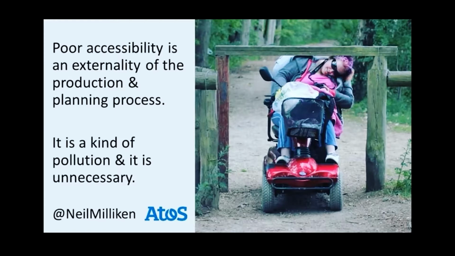Neil Milliken's also on Twitter. And the picture beside his quote is a woman on an exterior trail through the woods trying to get through a gate that was not designed to fit her scooter. And so she's bending her head over to try to make that work.